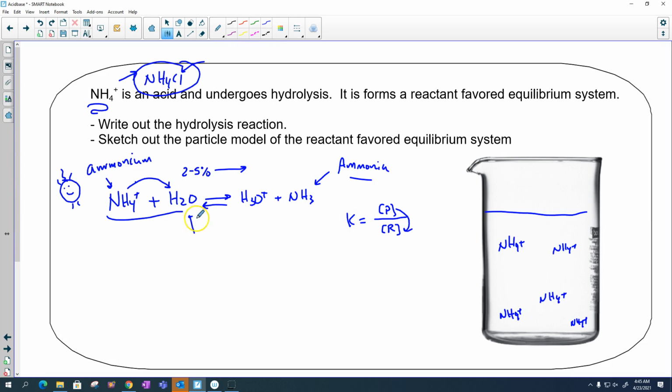So that would mean that we would need to draw 100 of these reactants, if you want to draw it proportional, and then you could draw 2 to 5 of the products. That's what that means. It's a ratio out of 100.